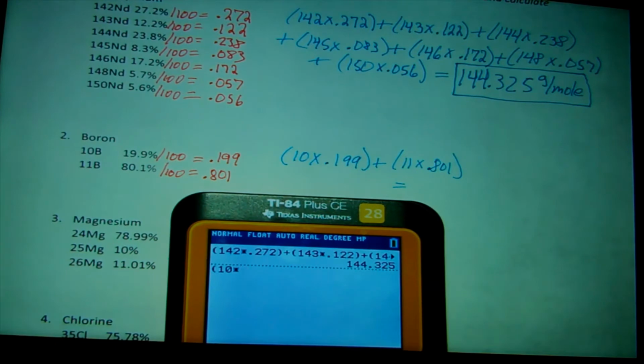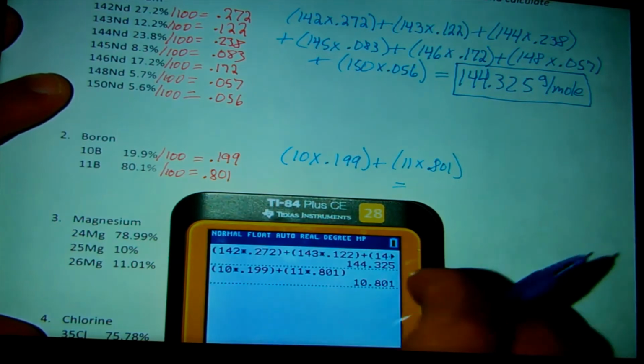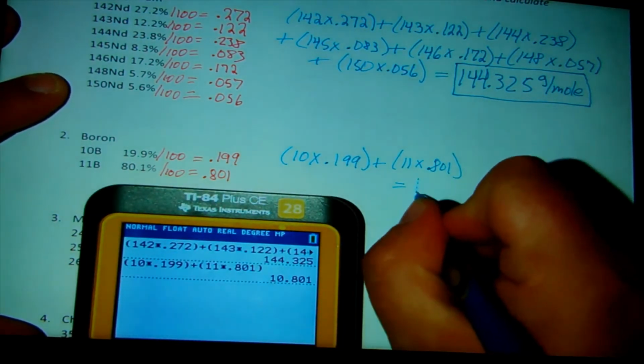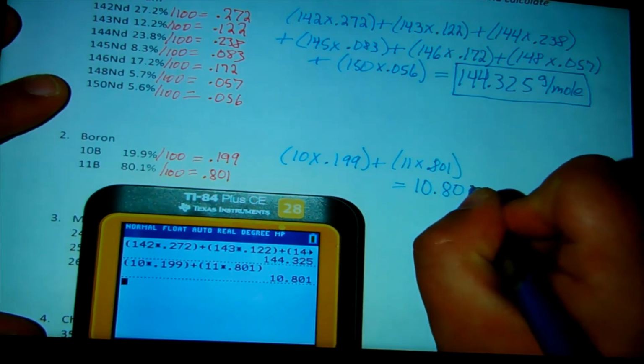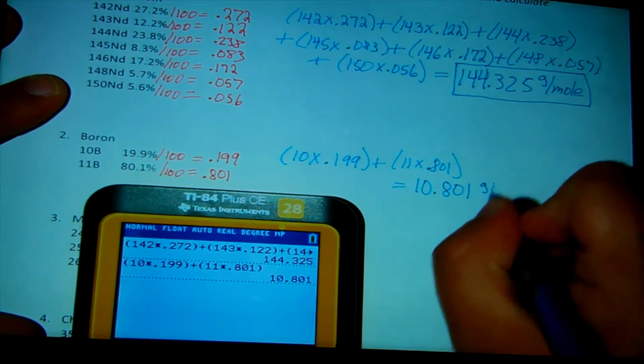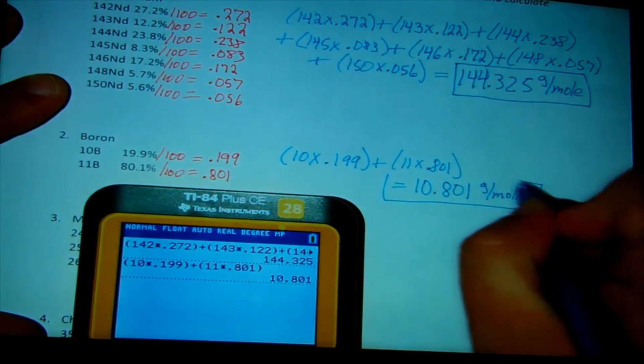Parentheses 10 times 0.199 plus 11 times 0.801 in parentheses, and I get 10.801 grams per mole, or atomic mass units if you want to use those. Those are acceptable.